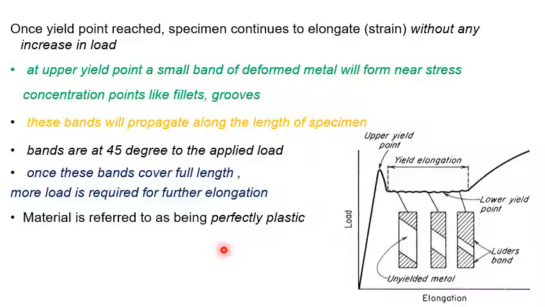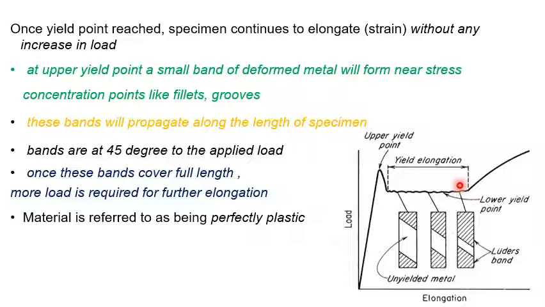So there will be strain hardening, we say. Strain hardening means that if you remove the load at any point here, at the next point the material will show an improved resistance to the applied load.